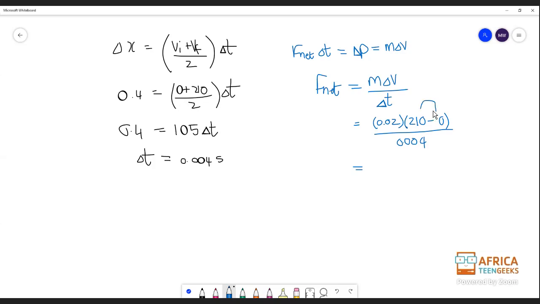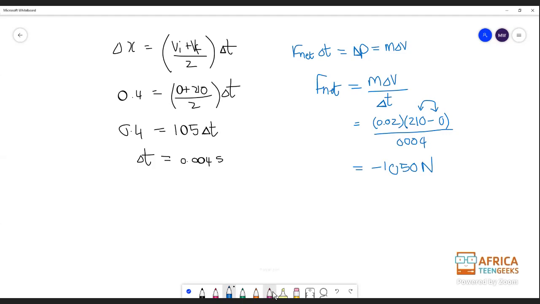And these two need to swap because my initial velocity is the 210, sorry, and my final velocity is the 0 when it gets stuck. So I get a value of 1050 newtons negative.